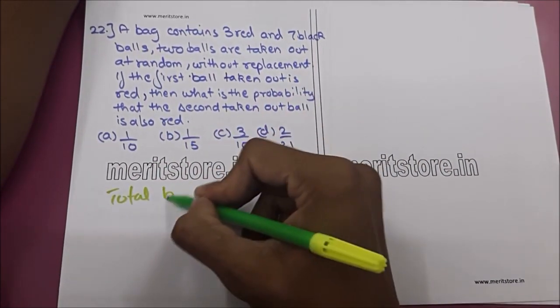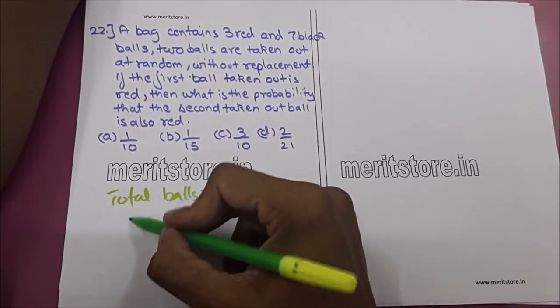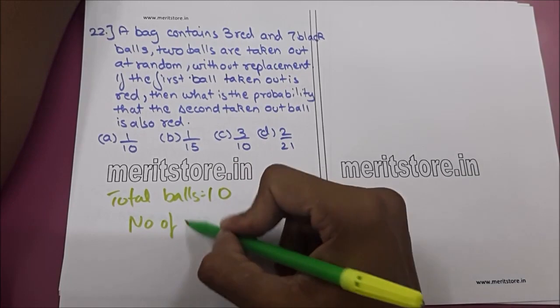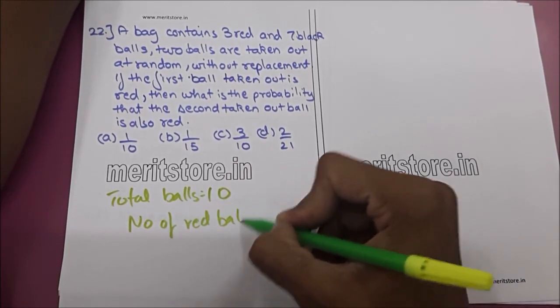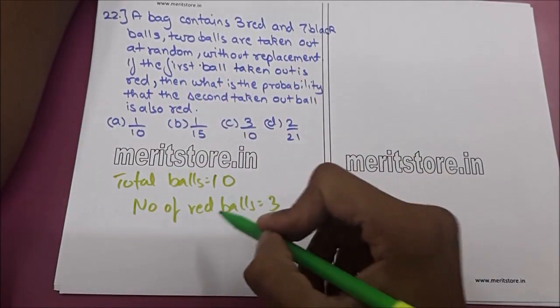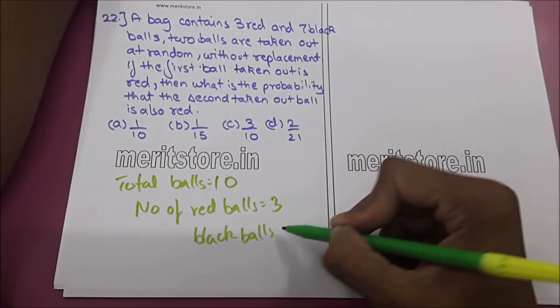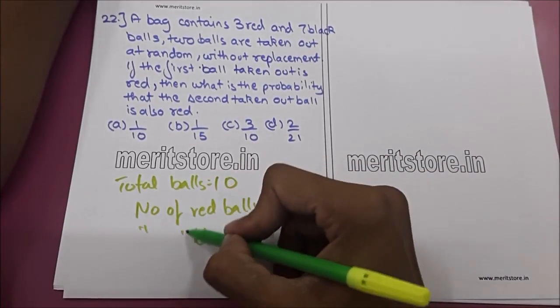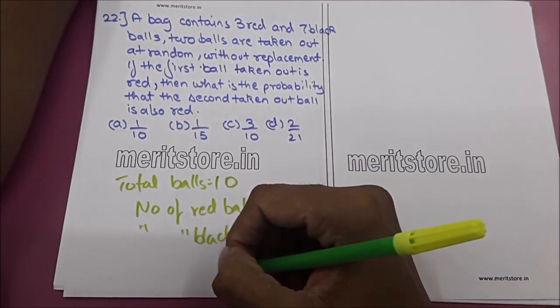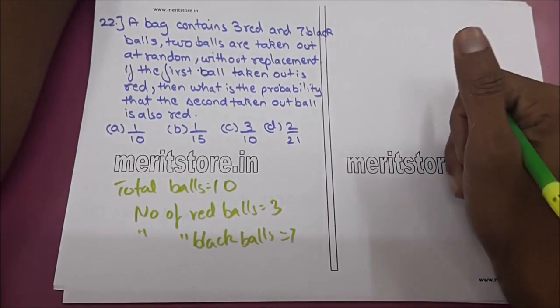Total balls equal to 10. Number of red balls equal to 3, and number of black balls equal to 7. Number of balls in the bag, that is 3 plus 7, is equal to 10.